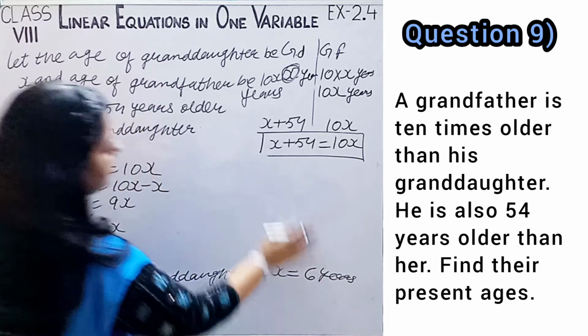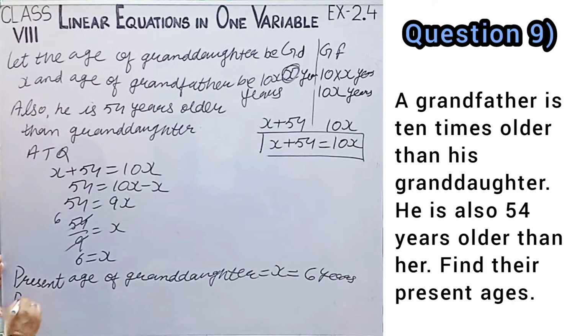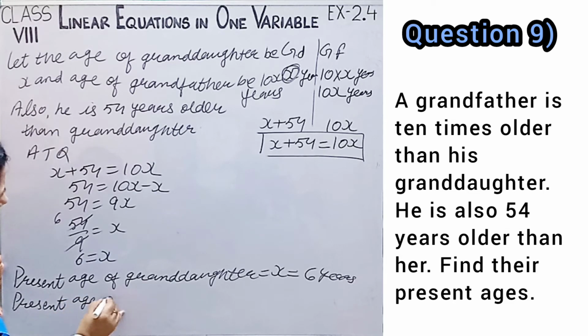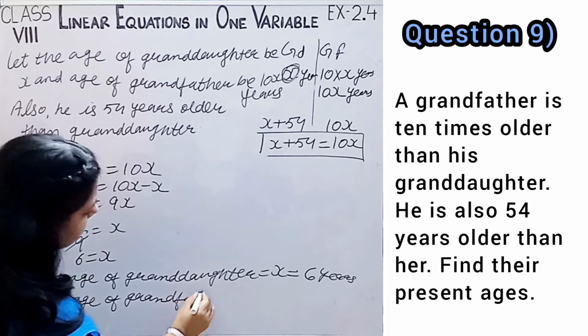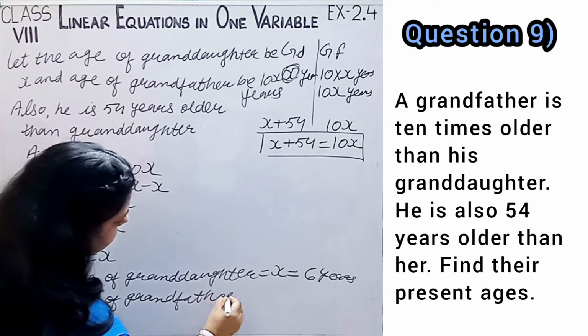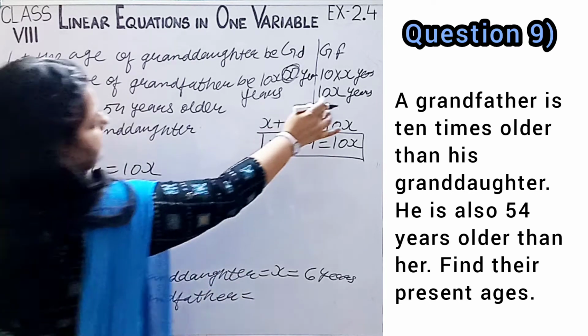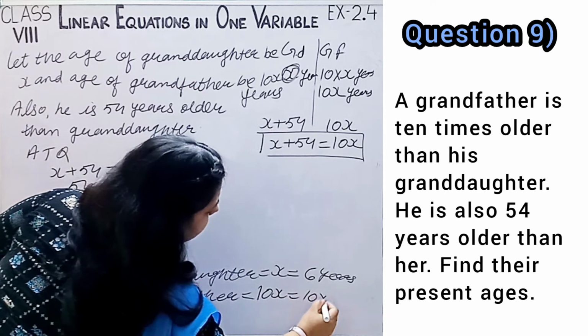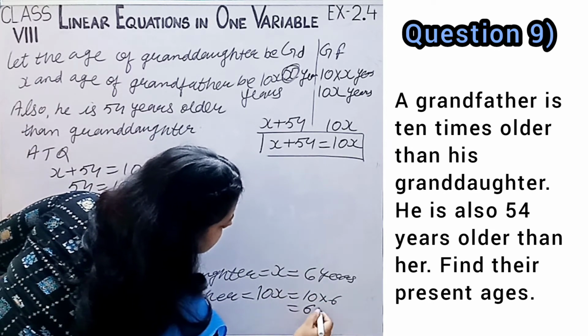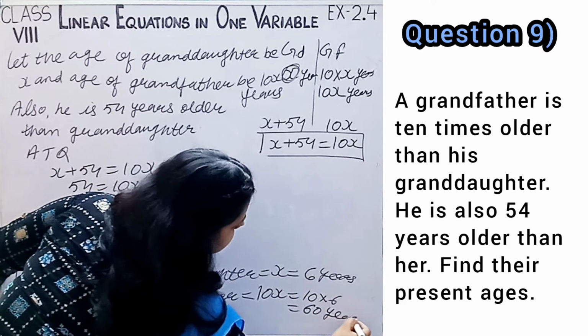Now coming to grandfather's age. Present age of grandfather, 10x. 10 into 6, which is 60 years.